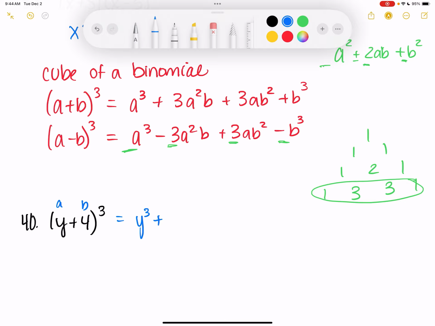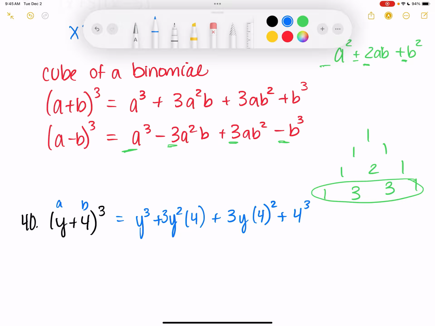Plus a squared, so that's y squared, times b, or I forgot the 3. 3 out front. 3a squared times b, so that's 4. I'll go through and multiply stuff through in a minute. Plus 3, a is y, b is now 4, that's squared, that goes there. And then plus the last term, b cubed, so 4 cubed goes there.